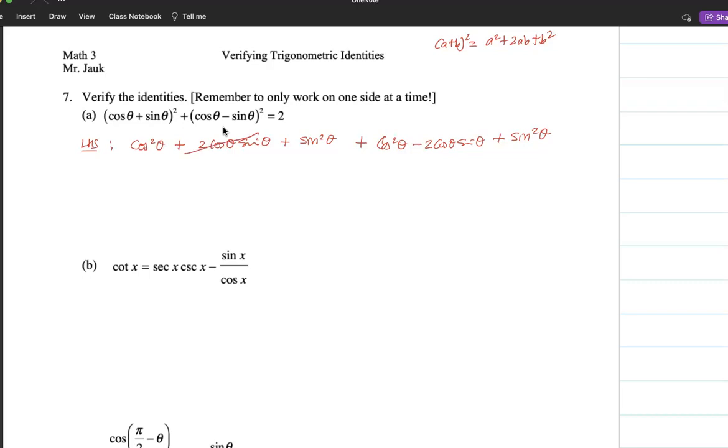This and this cancel. So what is cos square theta plus sine square theta? 1. So you get 2, which is your right hand side.